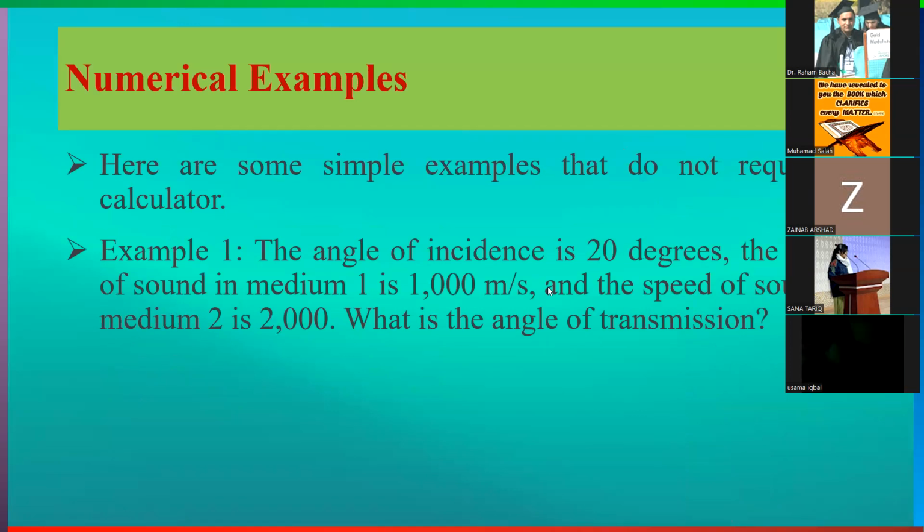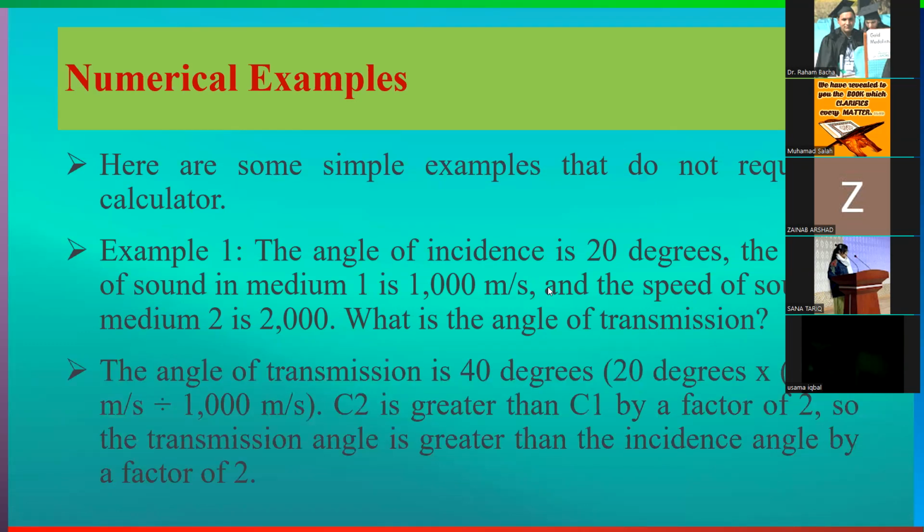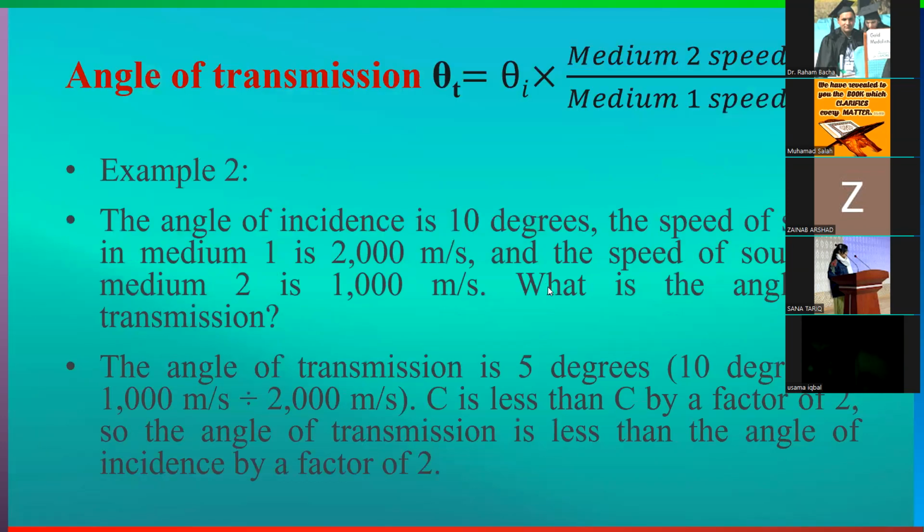The angle of transmission will be 40 degrees, right? If you want to calculate it with the help of this equation, you can rearrange the equation and put the values in it, then you will get the correct answer. If you have any question related to the refraction law, you can ask.